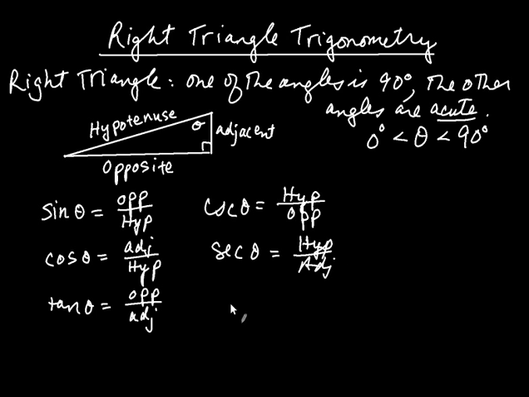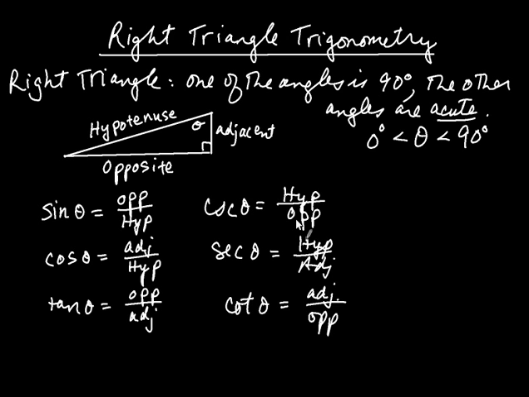And then finally the cotangent of the angle is the adjacent divided by the opposite. It's the reciprocal of tangent, okay? So these are the 6 trig functions of any angle, and notice all you need are these 3 quantities, right? The opposite, the adjacent, and the hypotenuse. And once you have those 3 things, then you form these ratios.